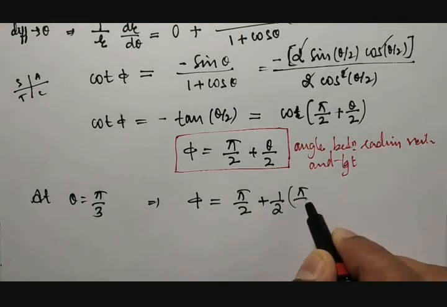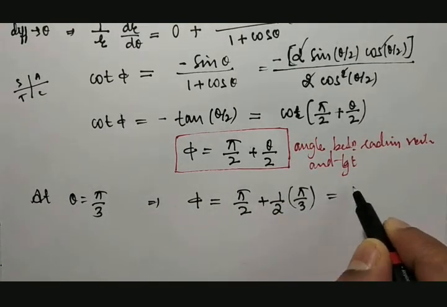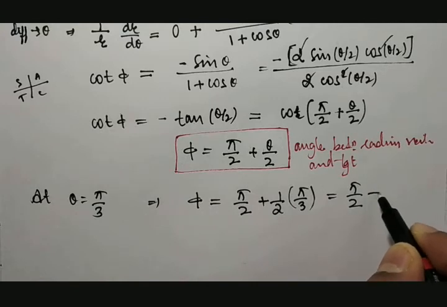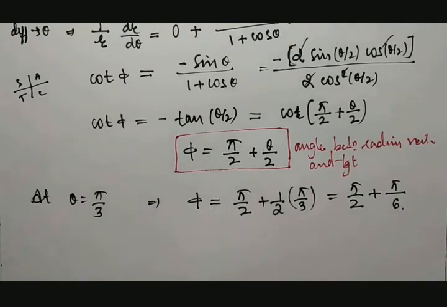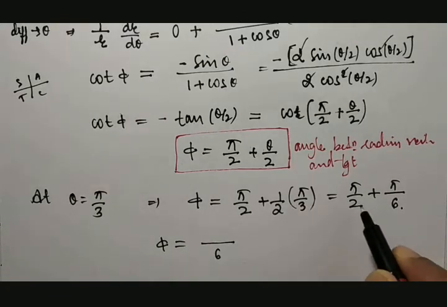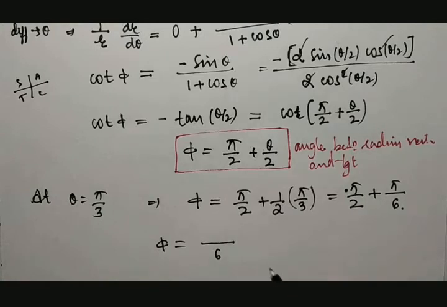Theta is pi by 3, which is nothing but pi by 2 plus pi divided by 6. Therefore, phi is equal to, now you take LCM. If you take LCM as 6 here, then it becomes 2 pi plus this will be 3 pi.